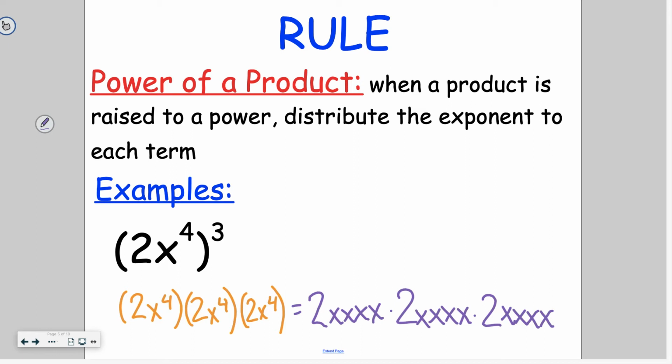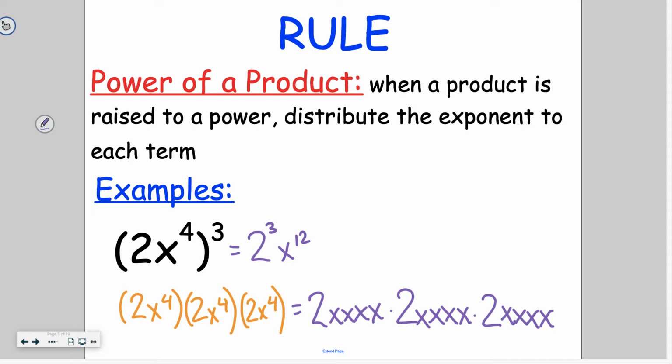So what that actually means for our answer then is we have 2 to the 3rd power, 1, 2, 3 2's, and x to the 1, 2, 3, 4, 5, 6, 7, 8, 9, 10, 11, 12th power.